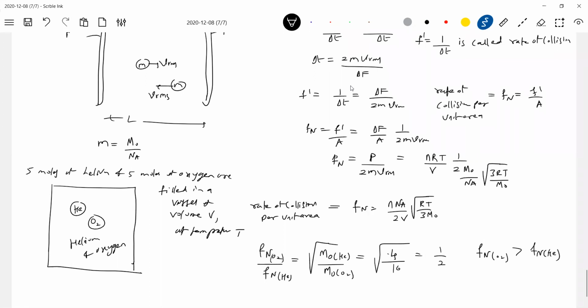Which will have more collisions per second per unit area? The oxygen molecules will collide more with the walls than helium. Since the number of moles is the same, the number of collisions per second per unit area of oxygen will be more than that of helium. That's what this formula is telling.